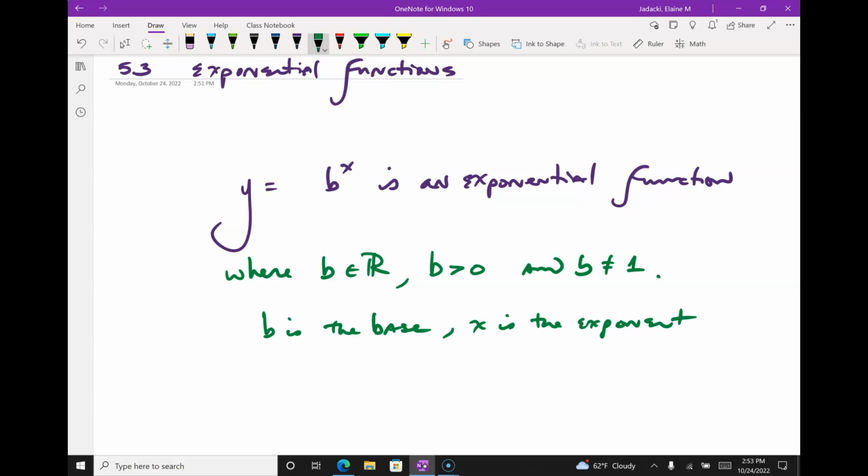So I guess the first thing of interest is why can't B be 1 or 0 or negative, right? I'm saying B is greater than 0, so it can't be 0, it can't be negative, right?